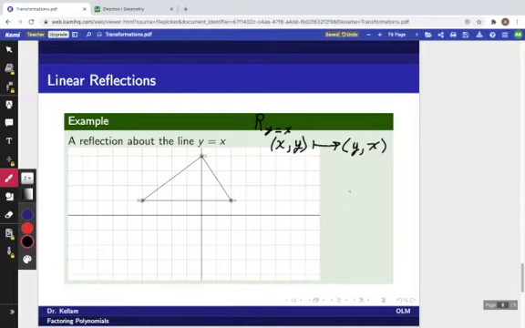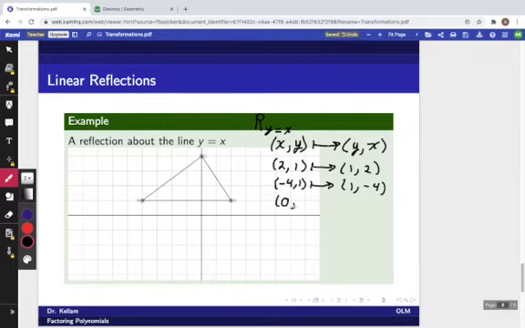So this means that my point 2, 1 is going to be sent to the point 1, 2. My point negative 4, 1 is going to be sent to the point 1, negative 4. And my point 0, 4 is going to be sent to 4, 0.